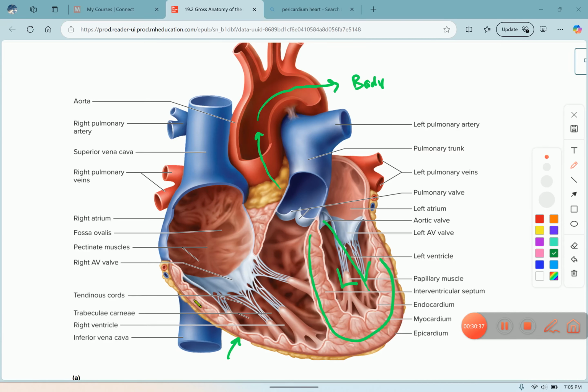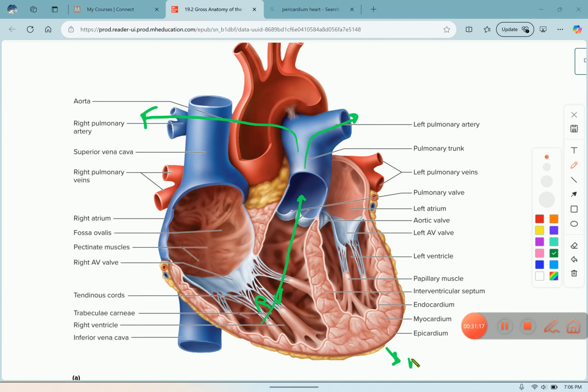The right ventricular wall is thin because all it has to do is eject blood to the lungs, and that's not very far away. When the right ventricle squeezes, it ejects blood into the pulmonary trunk and eventually the right and left pulmonary arteries, which means it's going to the lungs. Not that far away, so the myocardial wall is thinner.